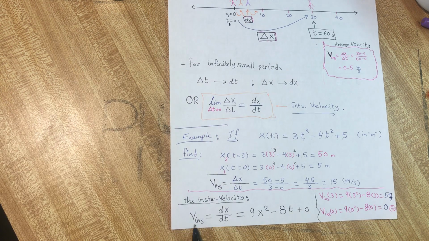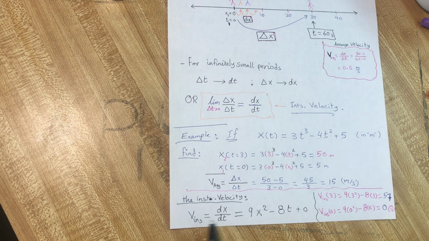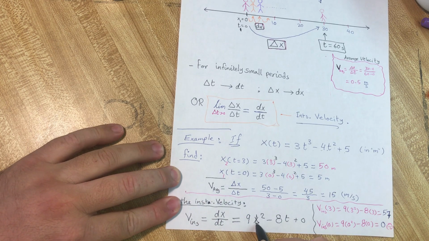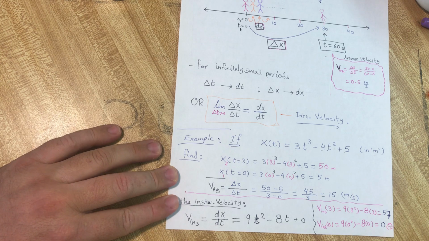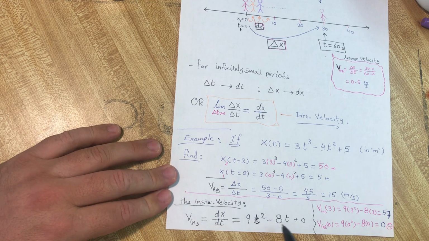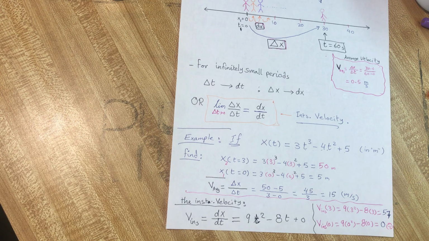I have the instantaneous velocity as a function of time. Just a typo here. It is 9t squared minus 8t plus 0.